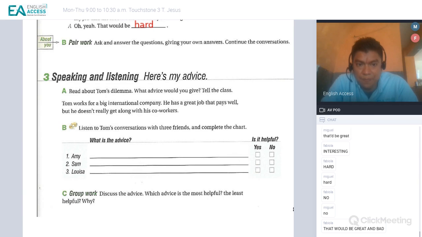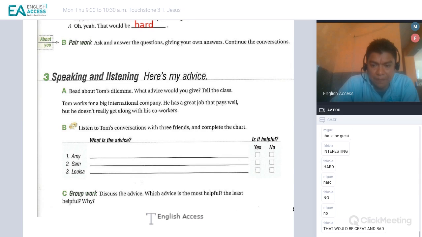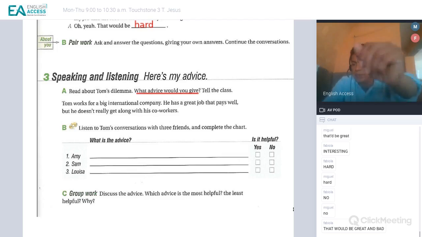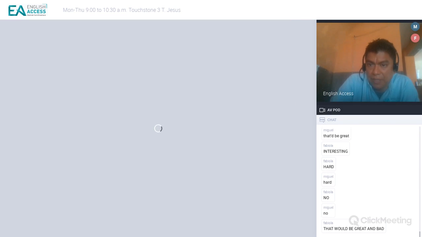First, we have this little instruction right here. It says, Read about Tom's dilemma. We have a problem. What advice would you give? How do you give advice? Do you remember how do you give advice? It's right here.